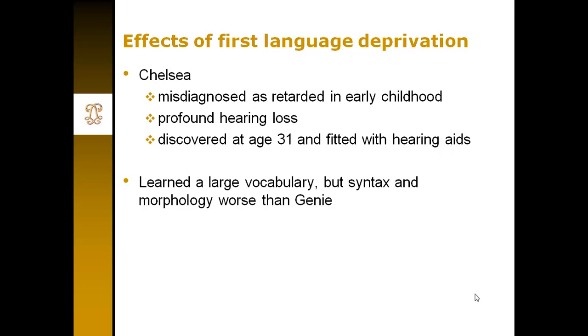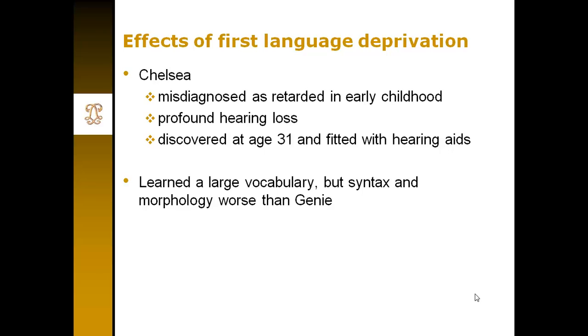Chelsea was someone who had been misdiagnosed as having been mentally retarded in early childhood, but in fact Chelsea's issue was that she had profound hearing loss. She wasn't correctly diagnosed until adulthood, at about the age of 31, when she was fitted with hearing aids and was able to hear and process language for the first time.